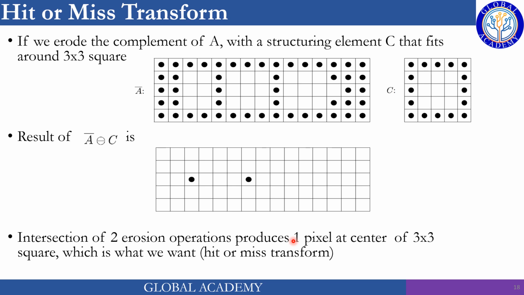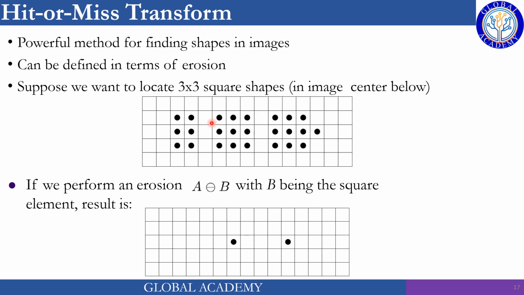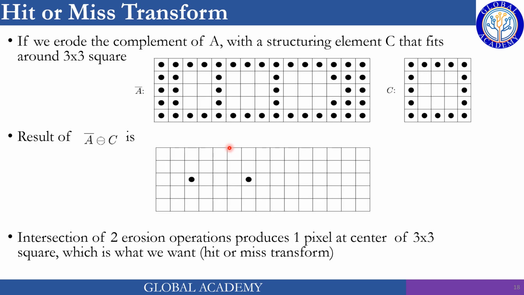And then take the negative, or complement, of this image. Complementing this image means placing dots over here and blanks, or white spaces, over here. And similarly, structuring element C fits around the 3 by 3 square. So it's like a complement, but it's like the external boundary of the structuring element.